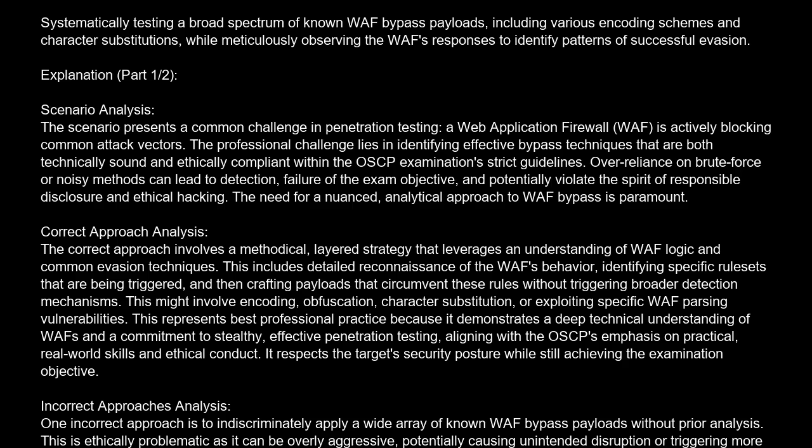This might involve encoding, obfuscation, character substitution, or exploiting specific WAF parsing vulnerabilities. This represents best professional practice because it demonstrates a deep technical understanding of WAFs and a commitment to stealthy, effective penetration testing, aligning with the OSCP emphasis on practical, real-world skills and ethical conduct. It respects the target's security posture while still achieving the examination objective.